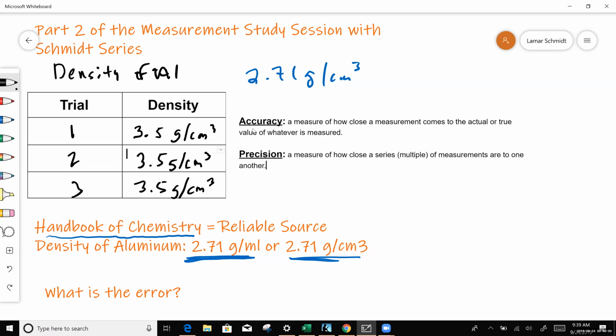Are our results accurate? Are they close to the true value? No, they're not. So they are not accurate. Are our values close to one another? Yes. So they are precise. Not accurate, but they are precise. Do you see the difference between those?